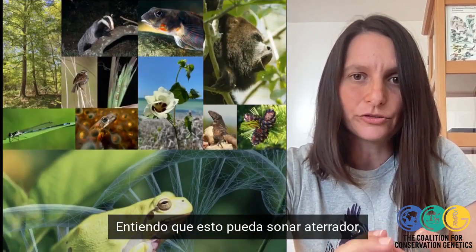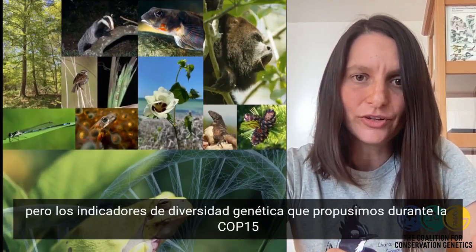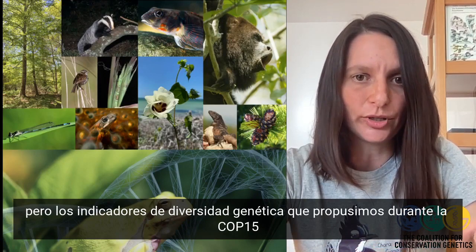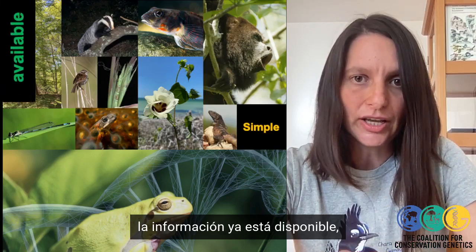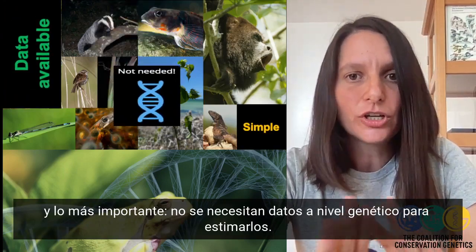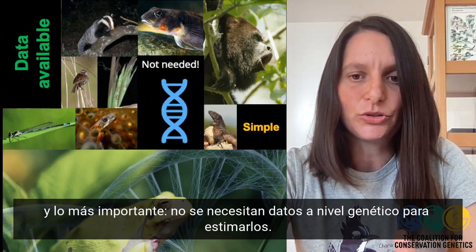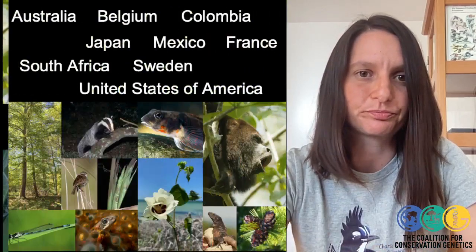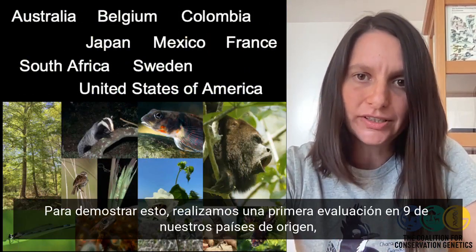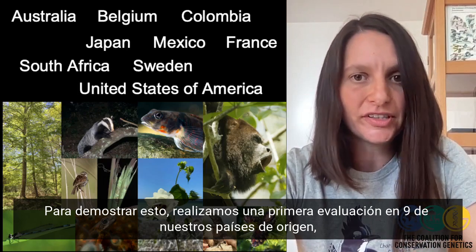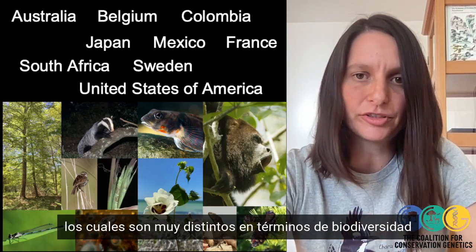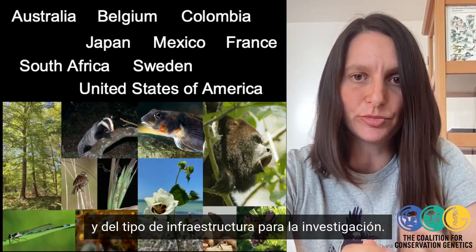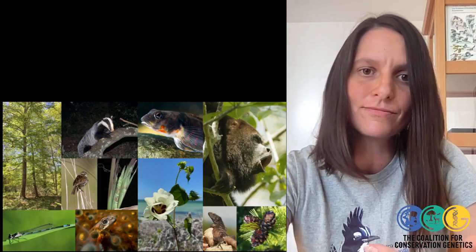I know that this sounds scary, but the genetic diversity indicators that were adopted during COP15 are simple. Data is already available, and importantly, we don't need genetic data to estimate them. To illustrate this, we undertook a first assessment in 9 of our home countries, which are very different in terms of biodiversity and the type of research infrastructure.